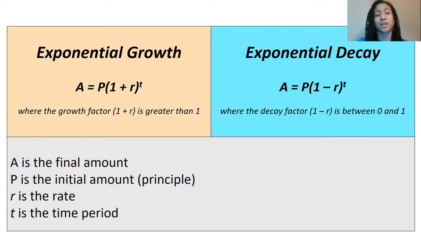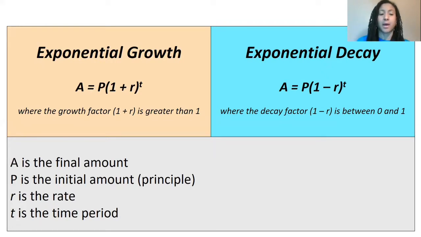So the growth factor for exponential growth is 1 plus r, and as a result, that sum will be greater than 1. If we're looking at exponential decay, its decay factor would be 1 minus r, which would mean the difference in that space would be less than 1, but greater than 0.